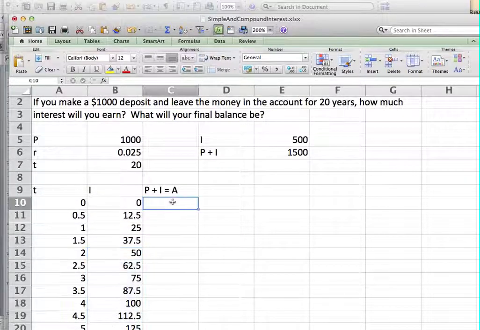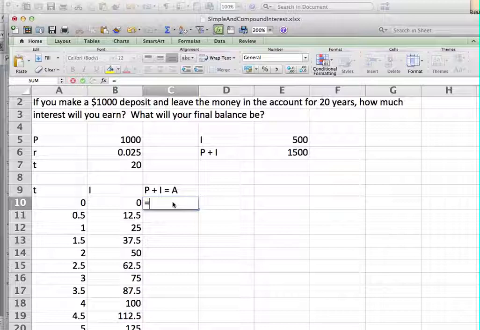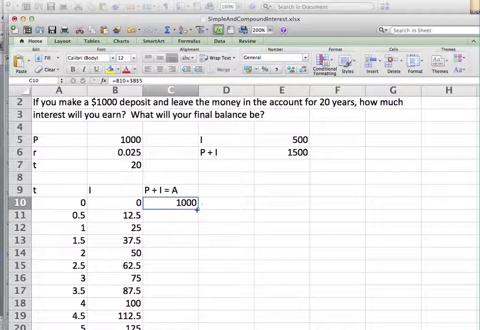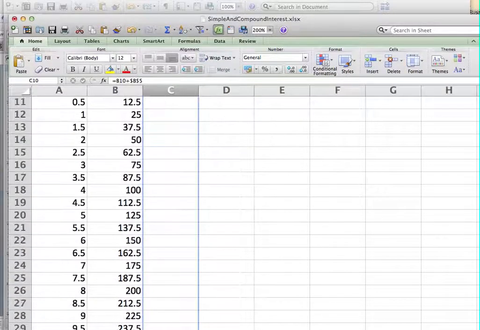And then I can add on the initial deposit to these things. B10 plus $B$5 will keep the B5 fixed and the B10 not fixed as you copy and paste downward, and that's what you would want to get the final balance as a function of time.